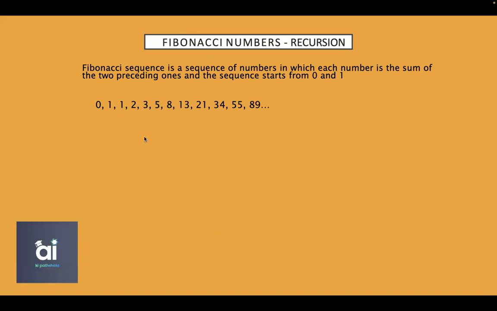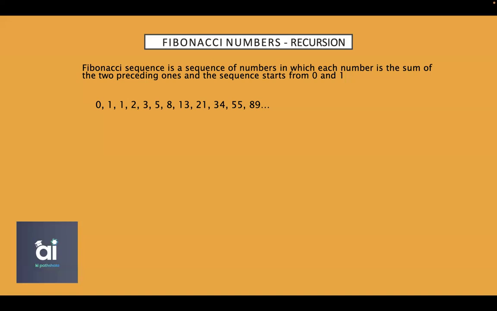You continue, the next number is 3 here, which is the result of 1 plus 2. Then it goes like this. So here we have 5. 5 is the sum of 2 and 3. As you see, each number is the sum of preceding two numbers, and this is the logic behind Fibonacci number. So hopefully you understand the logic of Fibonacci numbers.